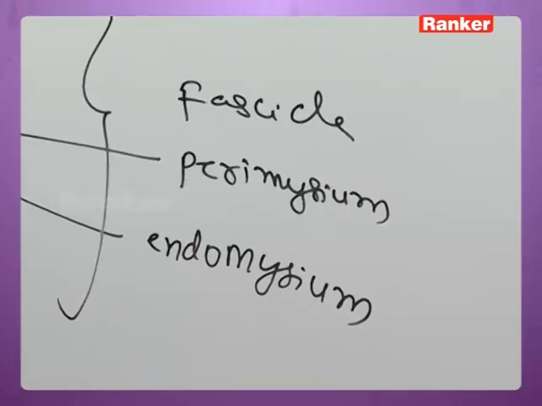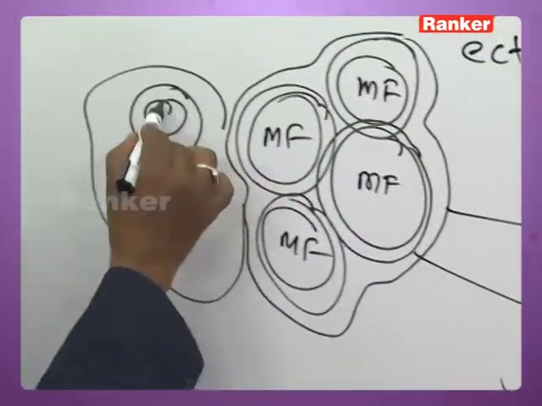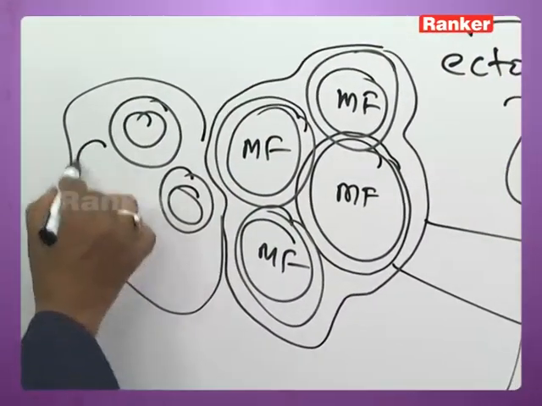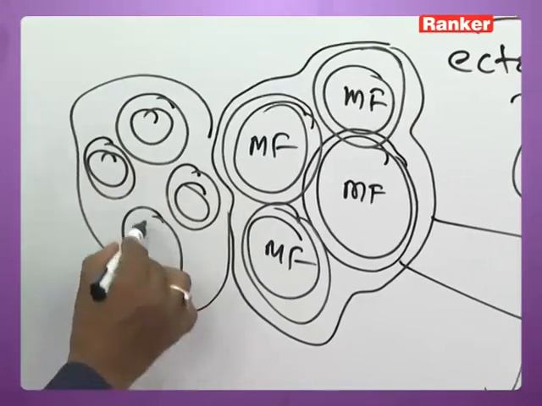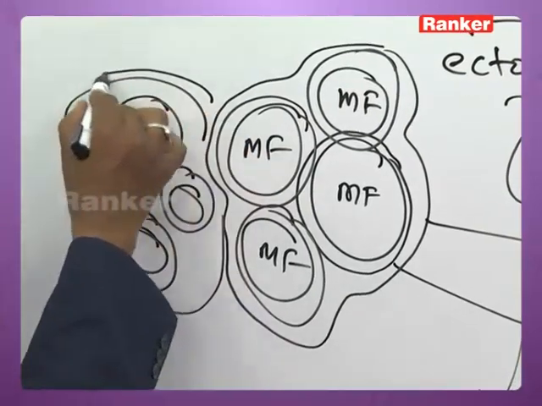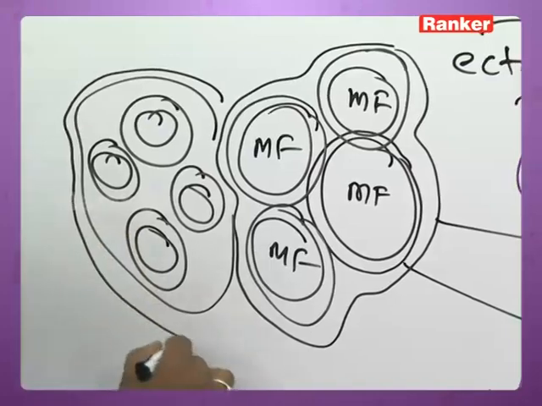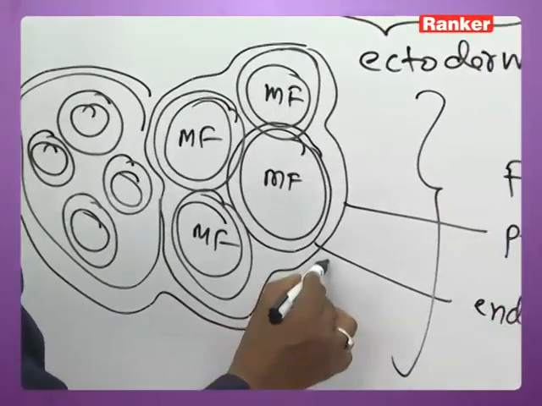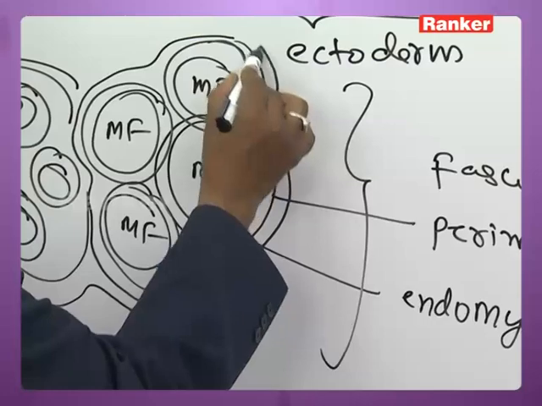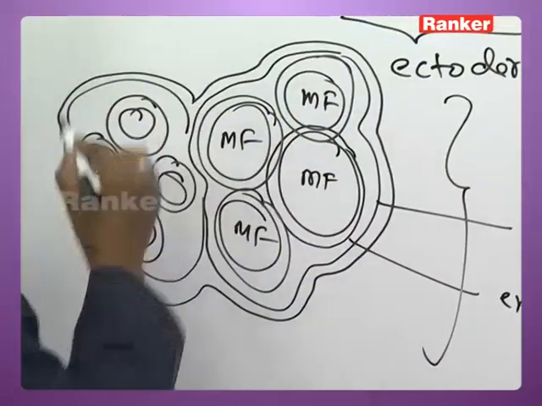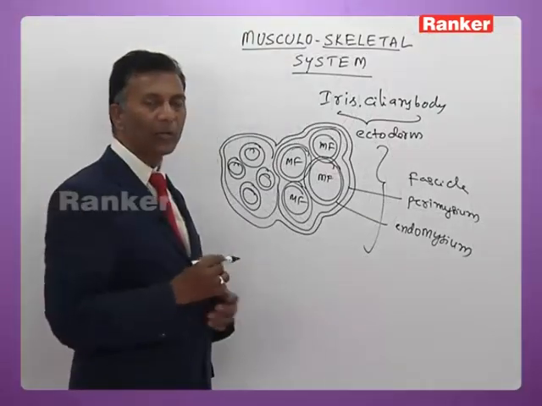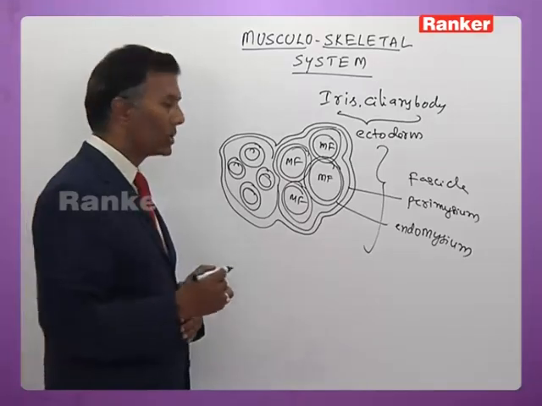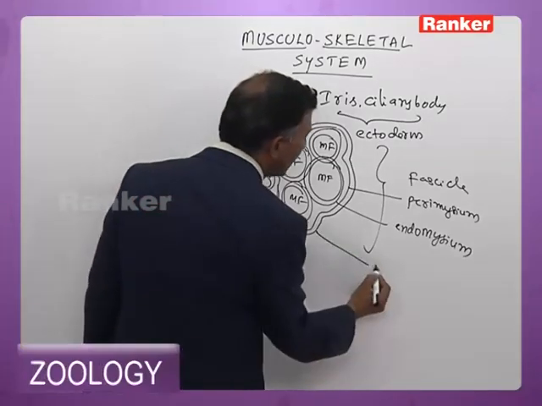And many fascicles, this is another fascicle here. Many fascicles are held together by an outermost connective tissue sheath like this, called epimysium.